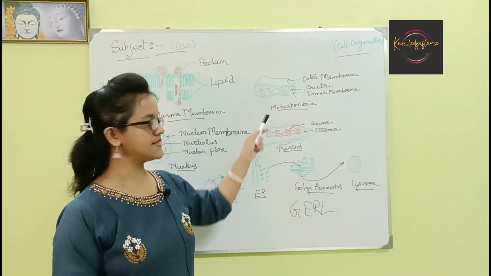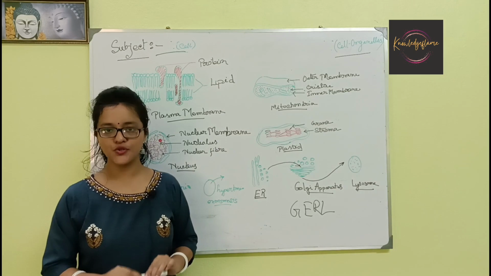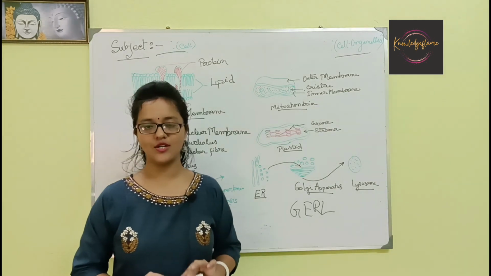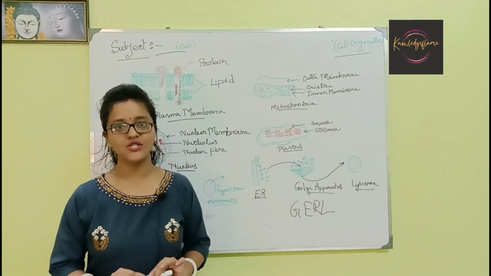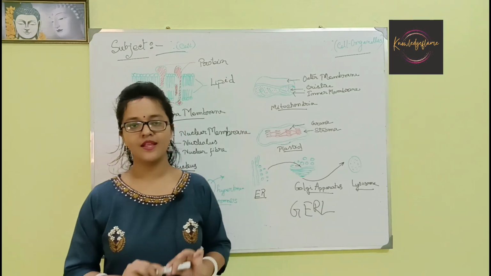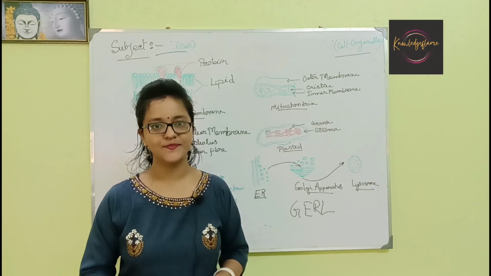So this is the basic structure of mitochondria, and actually through respiration mitochondria can generate energy in the form of adenosine triphosphate, ATP, and we can use this energy for our daily work.